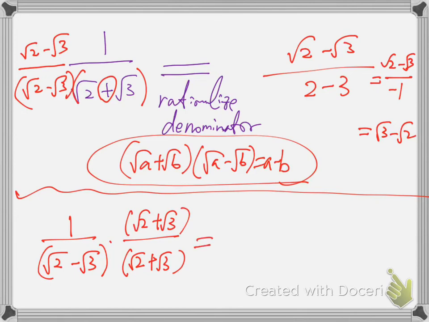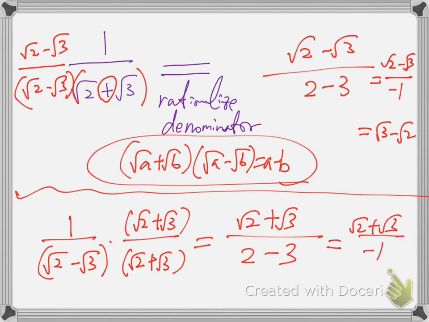The numerator is 1 times radical 2 plus radical 3, so it's radical 2 plus radical 3. The denominator is A minus B, so it's 2 minus 3 again. So it's radical 2 plus radical 3 over negative 1, so it's negative radical 2 negative radical 3.